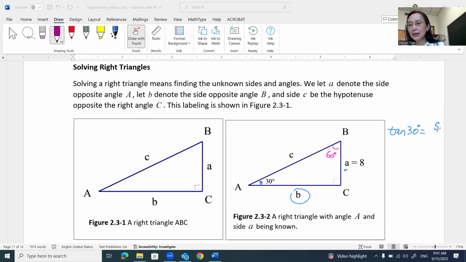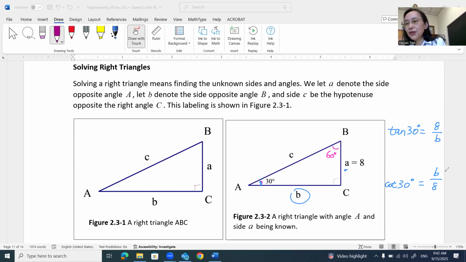So 8 over b. That's the definition of the tangent of the acute angle, 30 degrees. Then certainly you can also write as b over 8, which will be cotangent 30 degrees, or reciprocal of tangent.